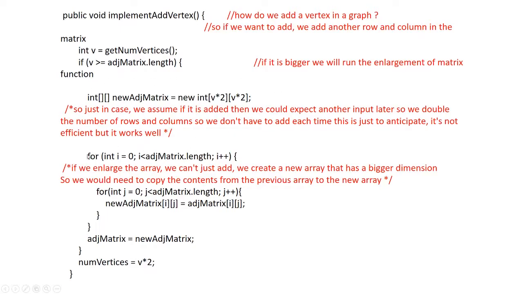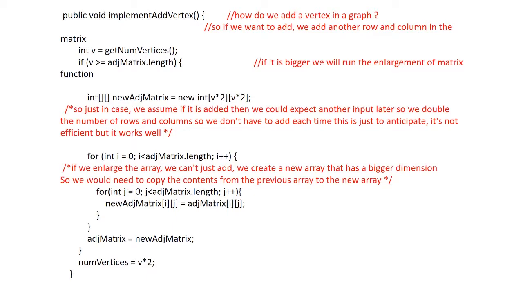Also, why is it v times 2? Well, the reason is, since we're adding a vertex, there's probably a good chance that we will add them again in the future. So why not just double the size of the array so we don't have to create a brand new array each time we add a vertex?